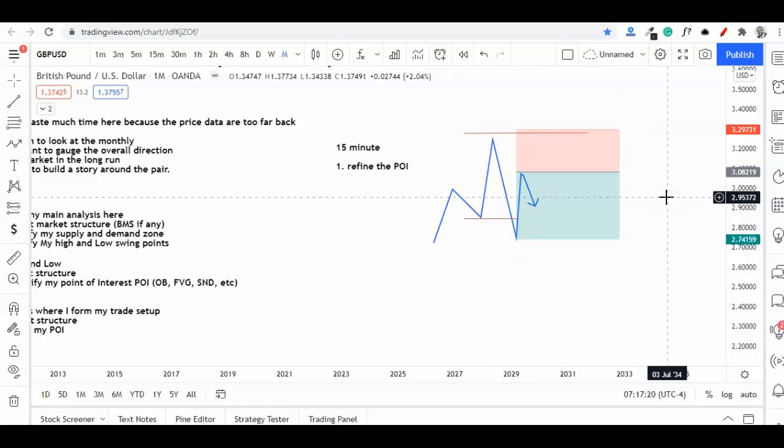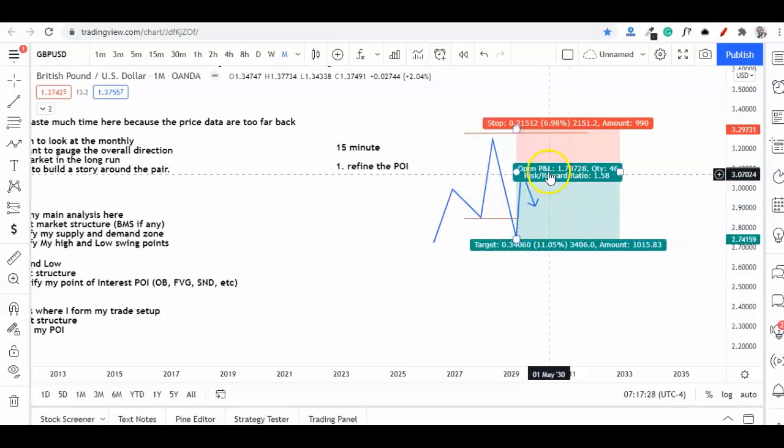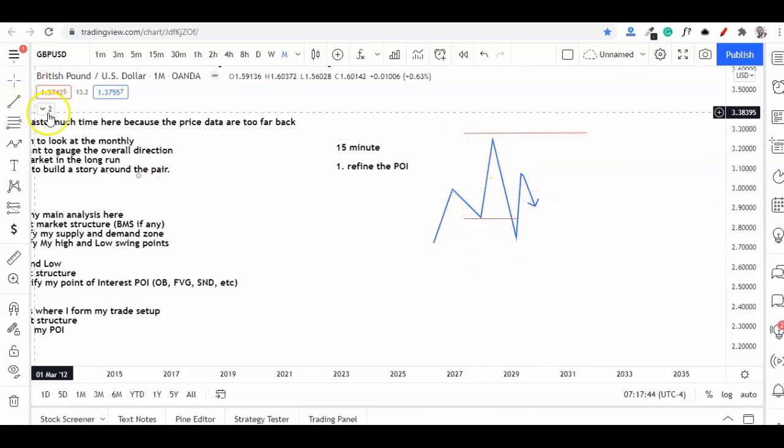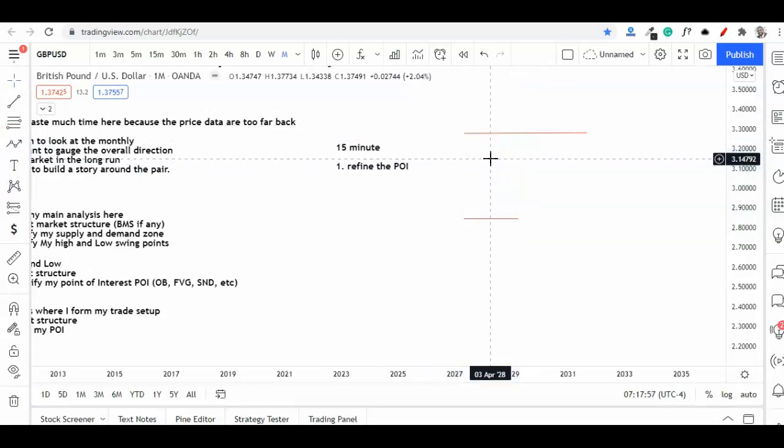So what the lower time frame does is give you a logical place where you can place your stop loss, and that logical place can give you a very comfortable, very small stop loss, like 10 to 15 to 20 pips, and that will help you to increase your risk to reward. So that's what I do, and that's what most smart money traders do. They look for setups that have an insane risk to reward.